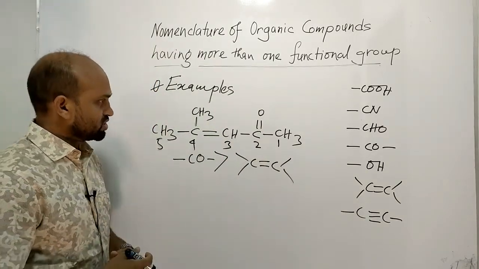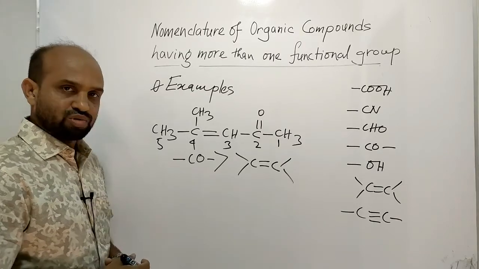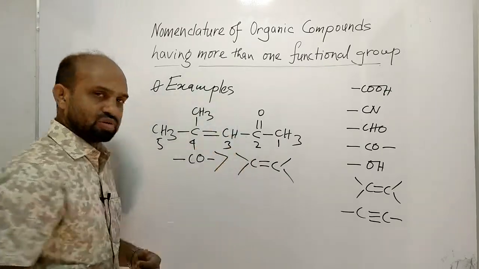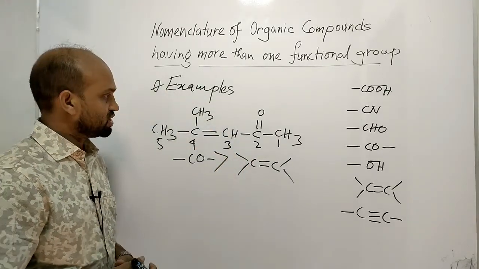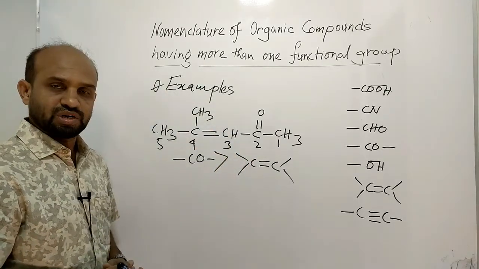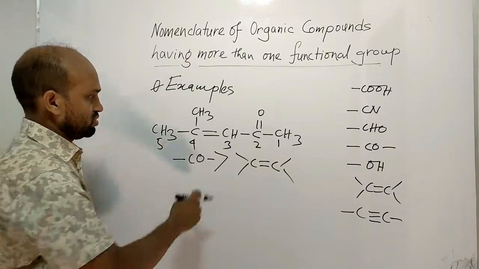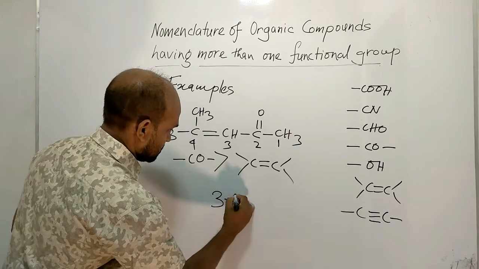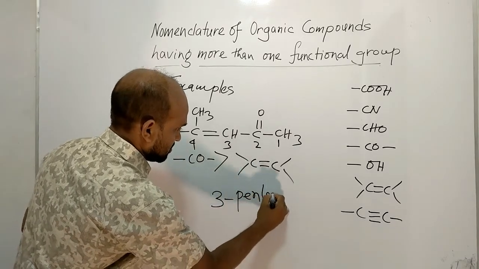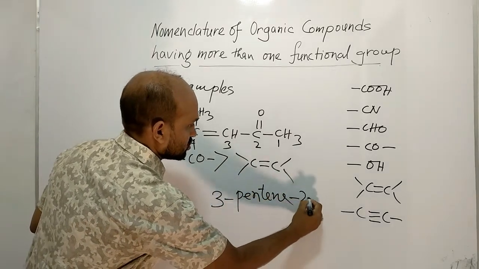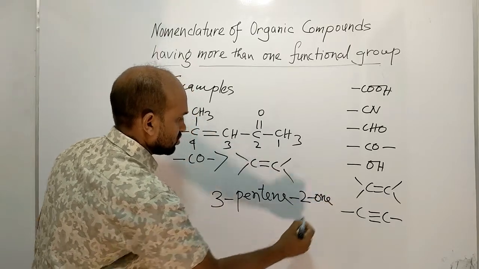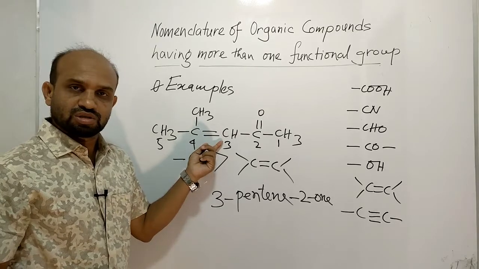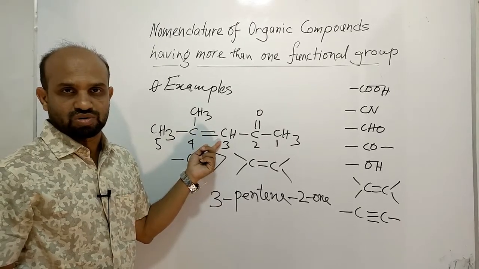Now let's write the name of this compound. 5 carbon atoms and at carbon 2 there is a ketonic group. So it will be 3-pentene-2-one, that means carbon 3 with carbon-carbon double bond.